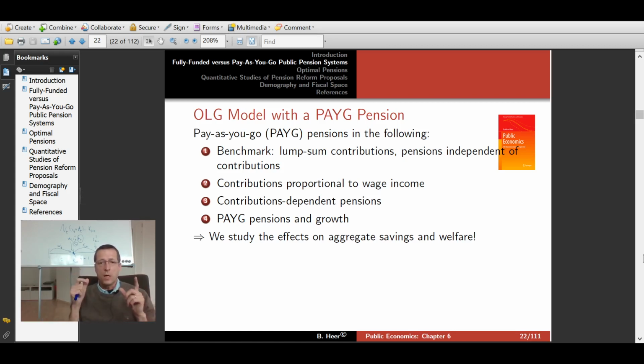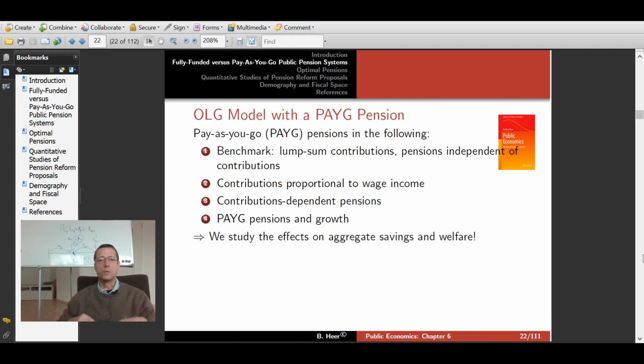Next, we want to see how big is the effect of a social security tax on wage income. And we will find, yes, it has distortionary effects. Our labor supply will go down. So in addition to the effect that it crowds out savings, it will also decrease our labor supply.